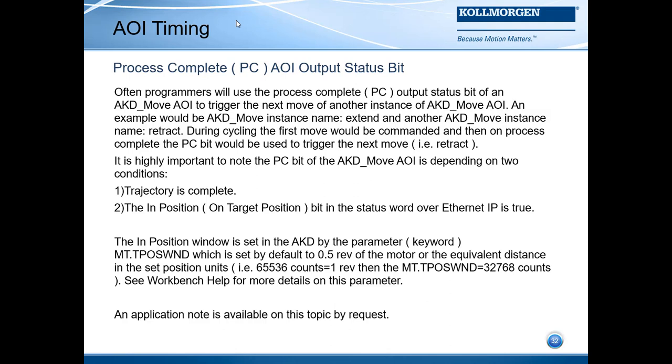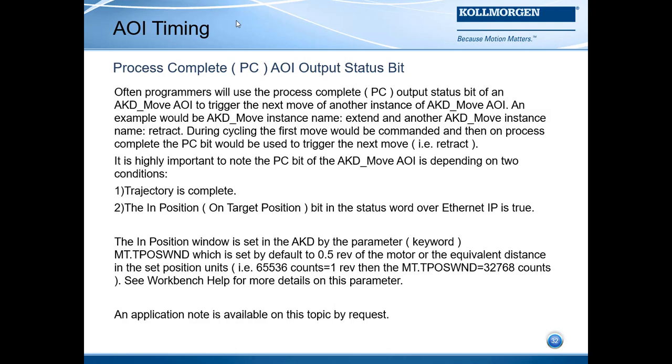The end position window is set in the AKD by the parameter keyword MT.TPOSWND, which is set by default to 0.5 revs of the motor or equivalent distance in the set position units. For example, in our sample project, we set all the units to custom, and we define that there are 65,536 counts per 1 rev, which is consistent with Ethernet IP units.